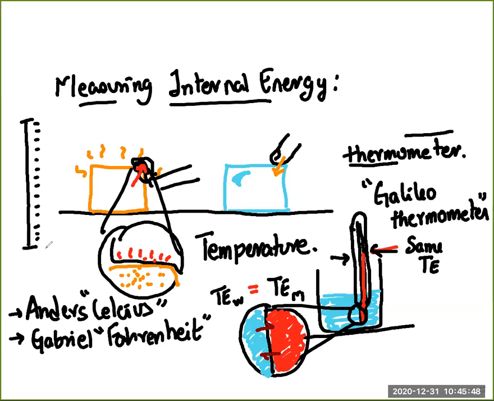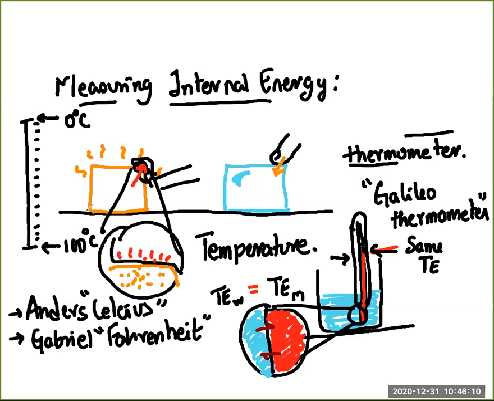Okay, so he apparently ran out of his house, stuck the thermometer into snow, and whatever level it came to, he marked that. The story goes that initially he marked that as 100 degrees Celsius, and then he boiled water, put the thermometer into it, and then marked that as 0 degrees Celsius for some weird reason.